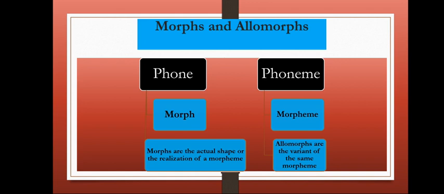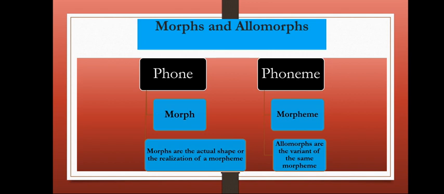For example, we have the phoneme p, and it has several variants. When it comes at the beginning of a word, like when we say Pakistan, there will be a puff of air. When p is produced somewhere in the middle, there will be less puff of air, and at the end you might not feel that puff of air.